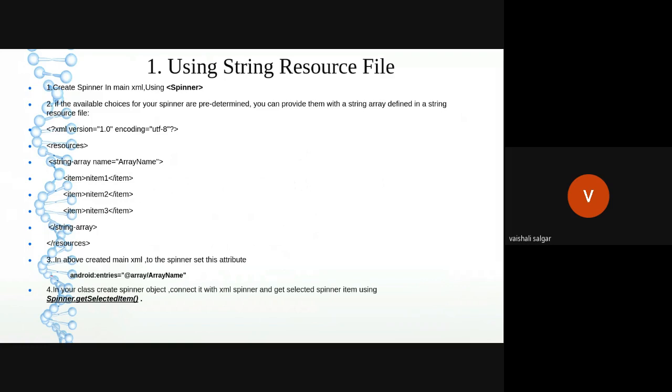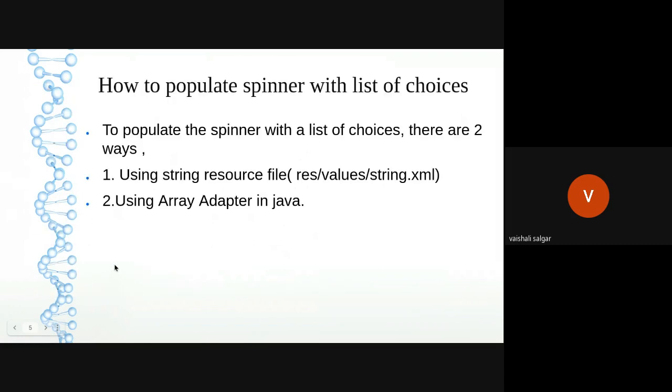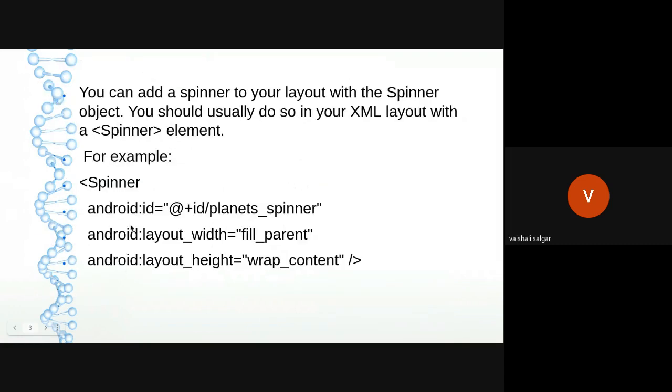After creating these values, we need to write something, and only then will this set of values link with the spinner. So again we have to go to the XML file or design file, where when we drag and drop the spinner, we got in the text file the Android ID, layout width and height, right?